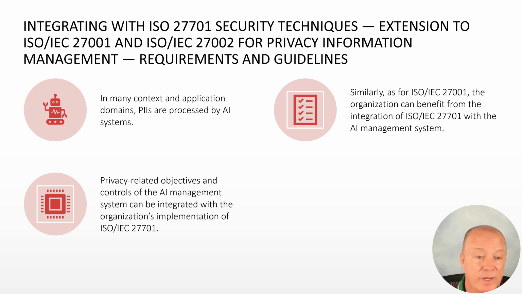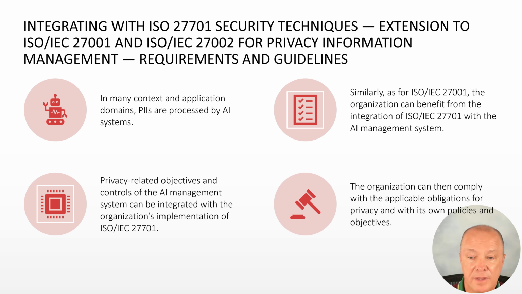So, privacy related objectives and controls of the AI management system could be integrated with the organization's implementation of ISO 27701. The organization can then comply with the applicable obligations for privacy within its own objectives.